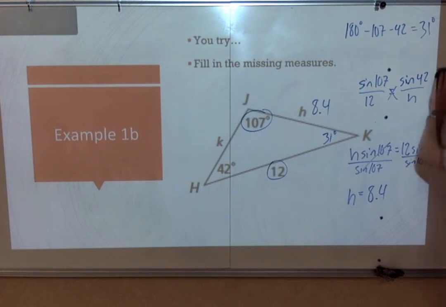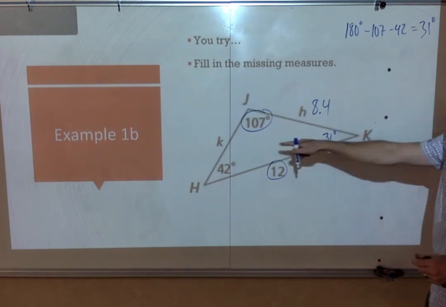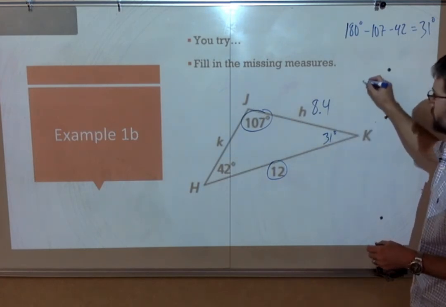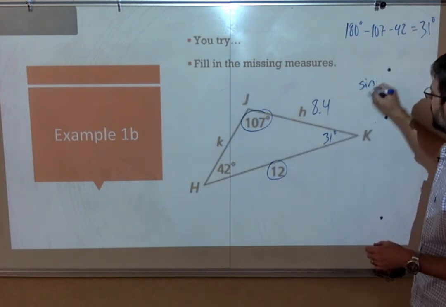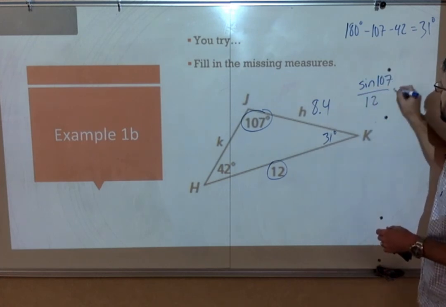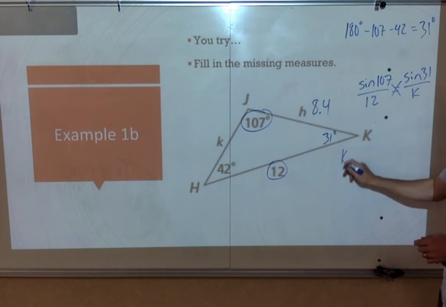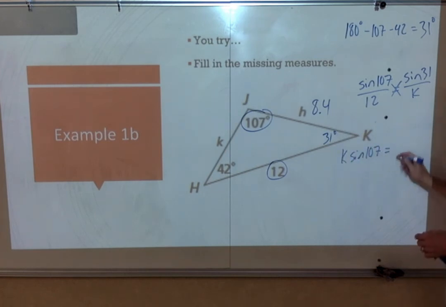For the last one then, we're going to be looking for K. So again, I'm going to use sine of 107 over 12. And now it's sine of 31 over K. Cross multiply. K sine 107 is equal to 12 sine 31.